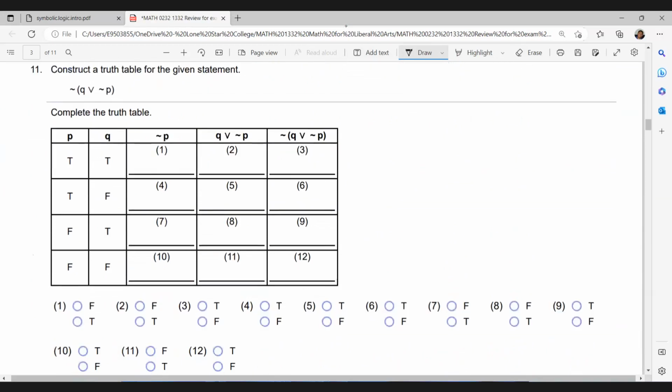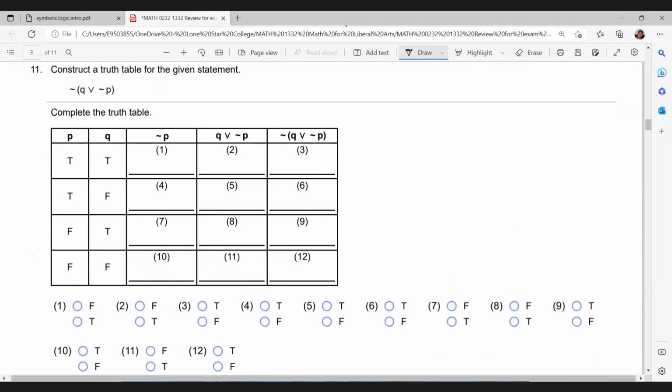Something a little bit more complicated here is we got to construct a truth table. And what I like about this, it just kind of gives us every single column, and we don't have to come up with our own columns. We just need to write the correct truth value. So here what we're saying is in this column, take everything that you see here and change its truth value.